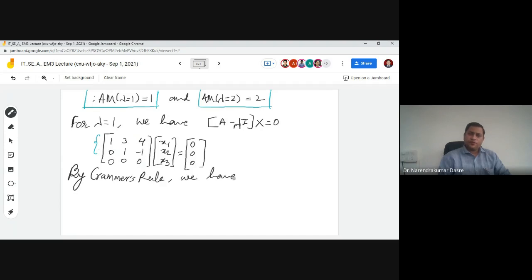We have x1 upon the determinant of 3, 1, 4, minus 1 is equal to minus x2 upon the determinant of 1, 0, 4, minus 1, and this is equal to x3 upon the determinant of 1, 0, 1, 0 and 1. Okay, so can you calculate this? What will be the determinant here?